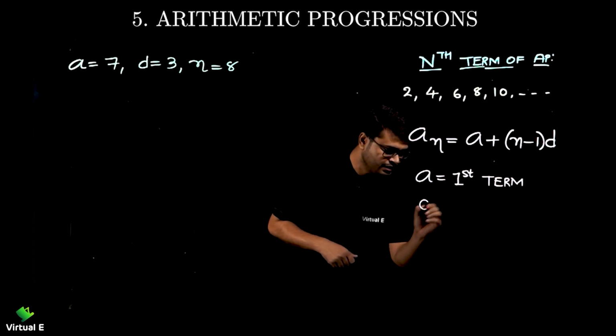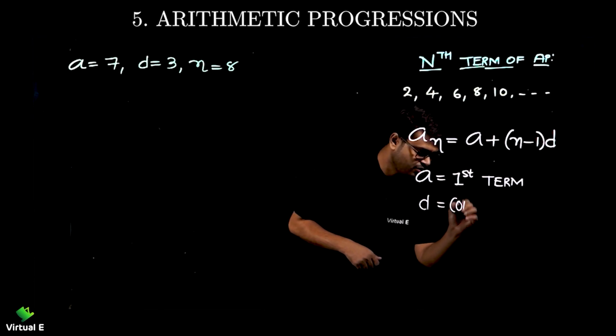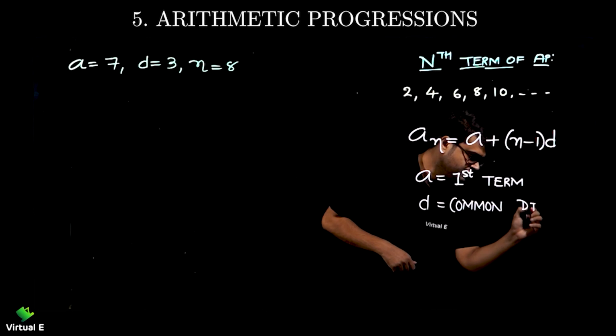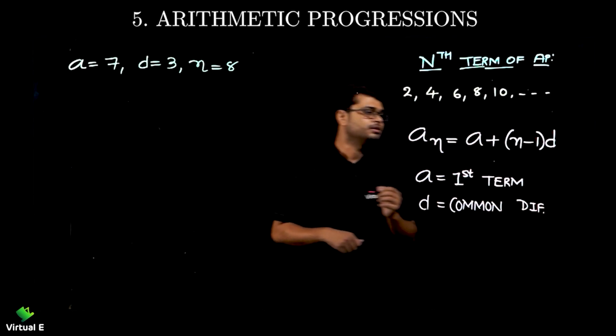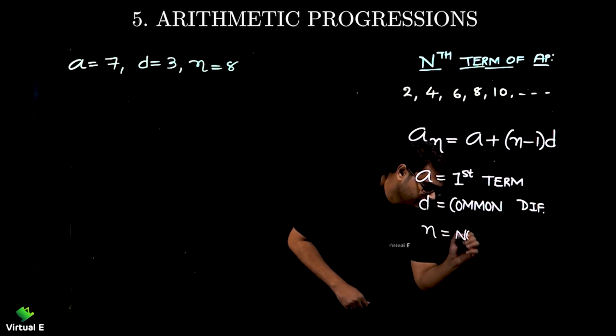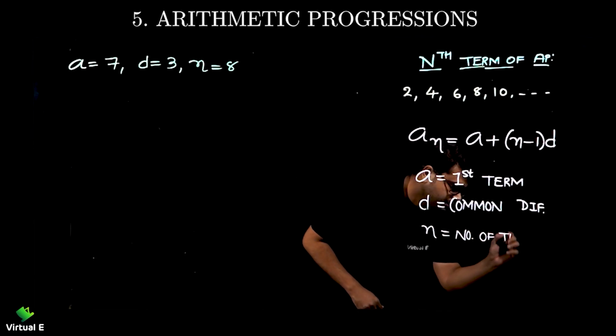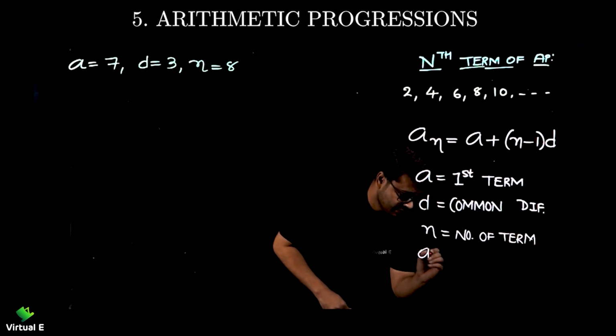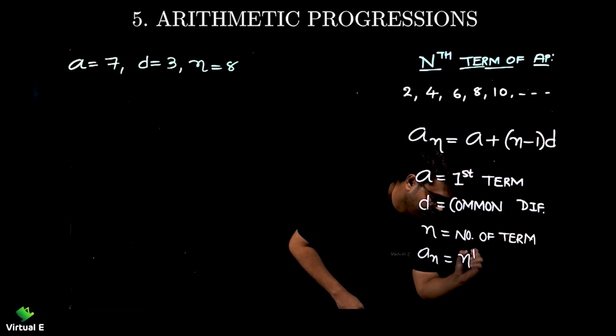Then d we know very well, that's the common difference. And n is the number of the term. And finally an is the nth term.